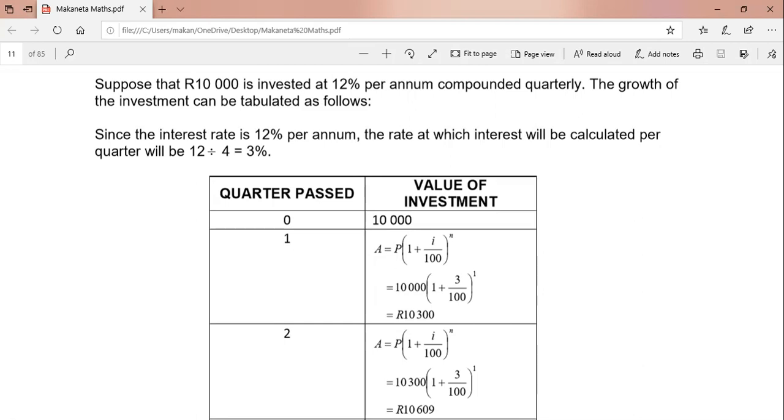And this goes for even those investments where interest is charged on an annual basis. There are some investments where interest is generated on a daily basis. There are those where interest is generated annually, or those that are compounded quarterly, meaning that it will be 4 times in a year.